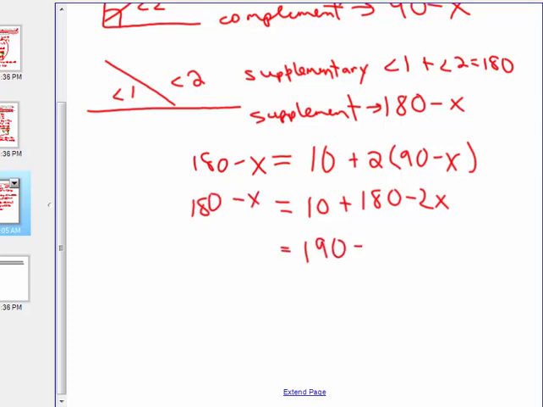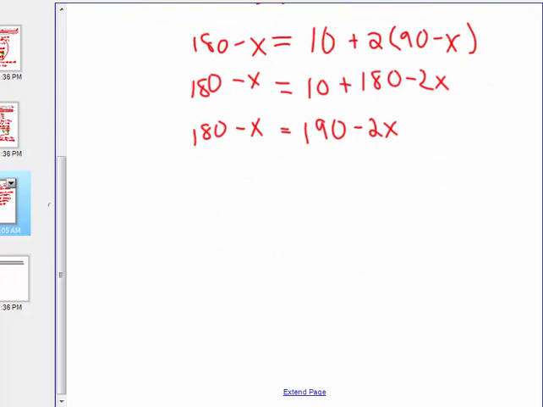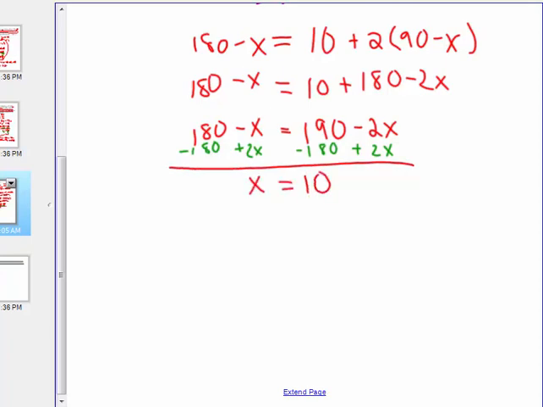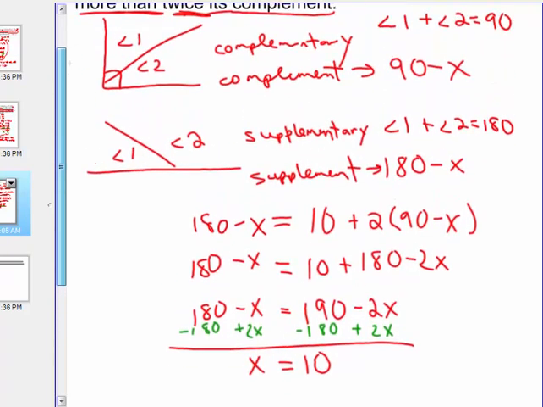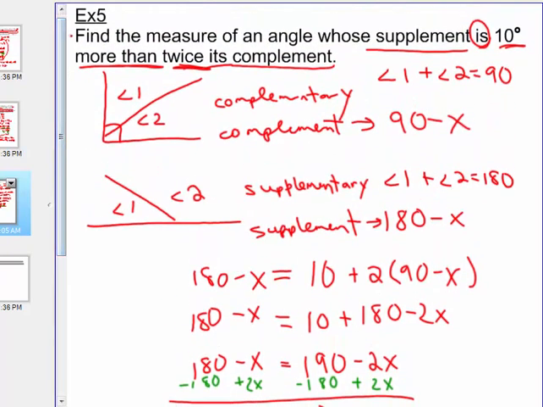Move my x's over to one side, combine like terms. So I add 2x to both sides. I get 180 plus x equals 190. So x equals 10, and the measure of the angle is 10 degrees.